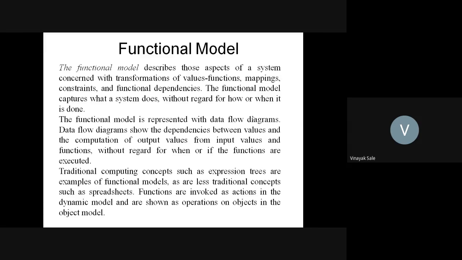Traditional computing concepts such as expression trees are examples of functional models, as are less traditional concepts such as spreadsheets. Functions are invoked as actions in the dynamic model and are shown as operations on objects in the object model.